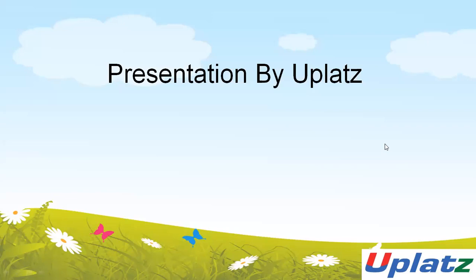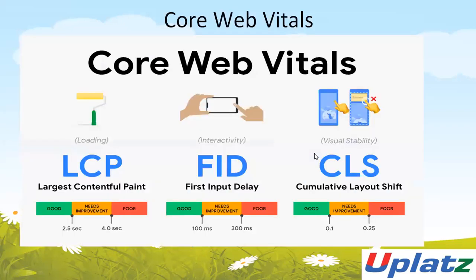I am continuing from the previous session where I explained what Core Web Vitals are. There are three major sections: one is LCP, the largest contentful paint; second is FID, first input delay; and third is cumulative layout shift, CLS.